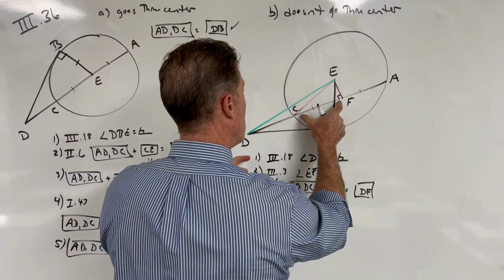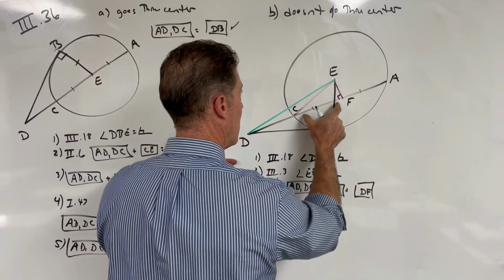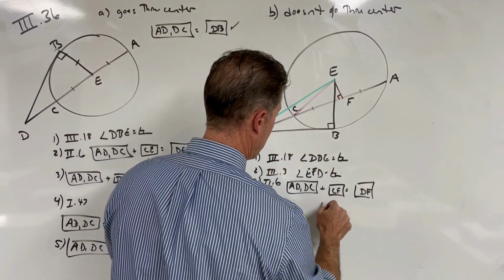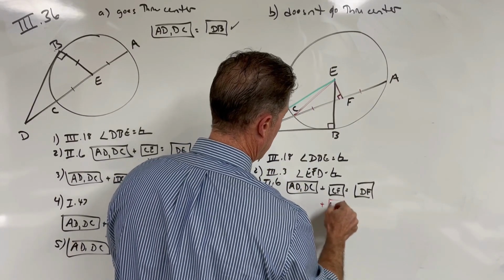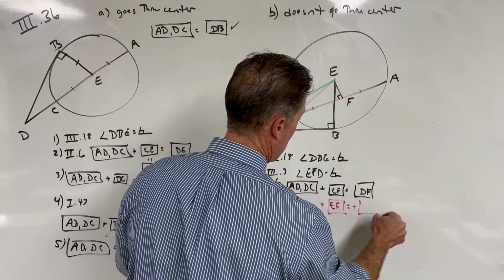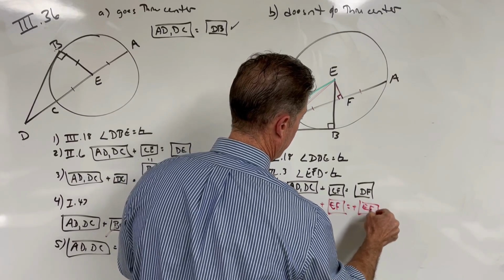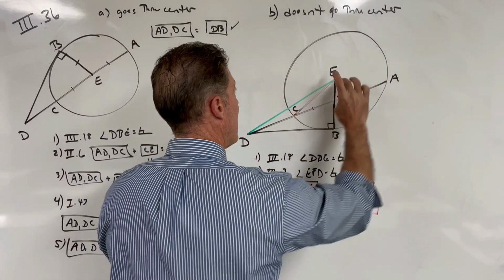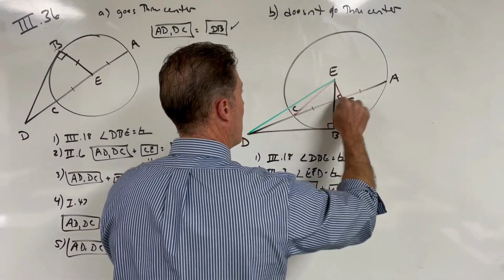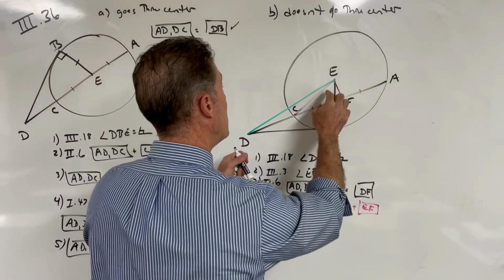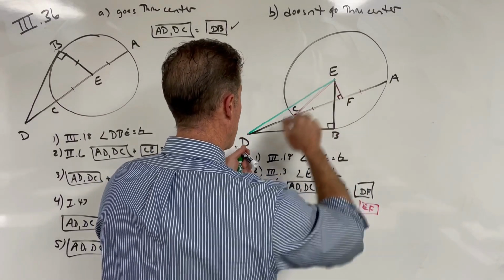Now, CF is a leg of this right triangle. So let's add the other leg. Let's add the square on EF to both sides. That preserves our equality. And what we should be able to see is if we take CF and add FE, that's the legs of a right triangle, and that's going to equal the square on the hypotenuse.